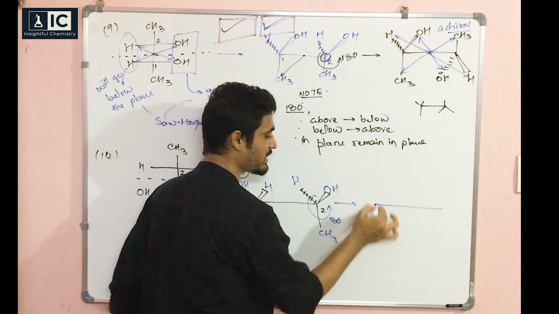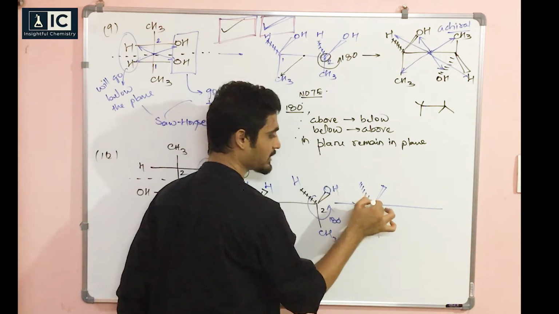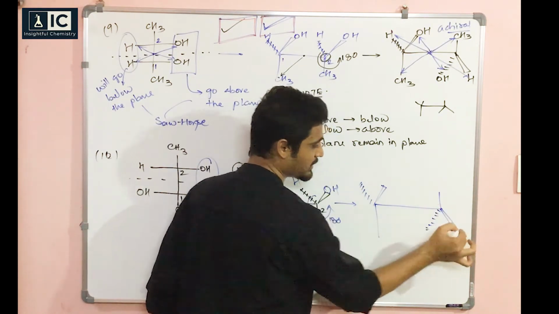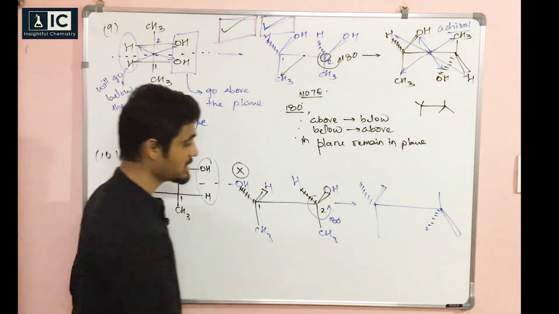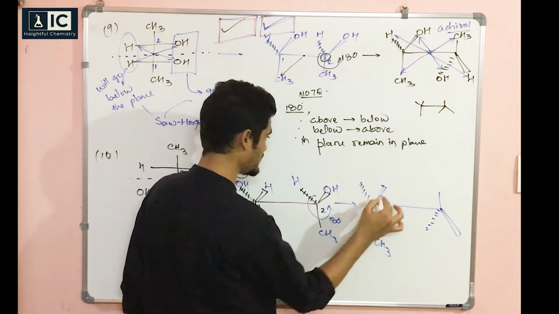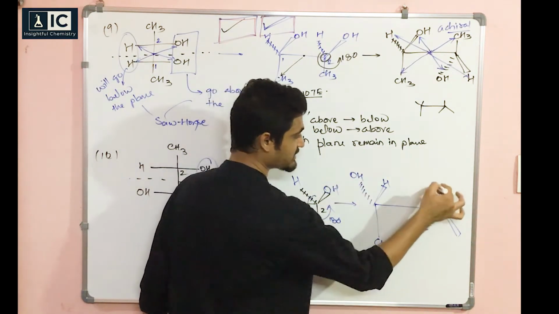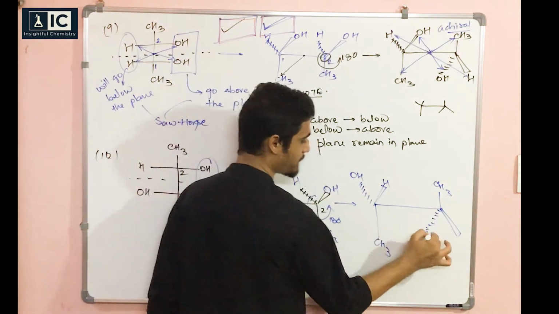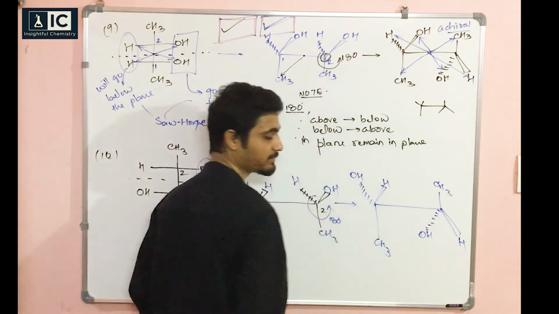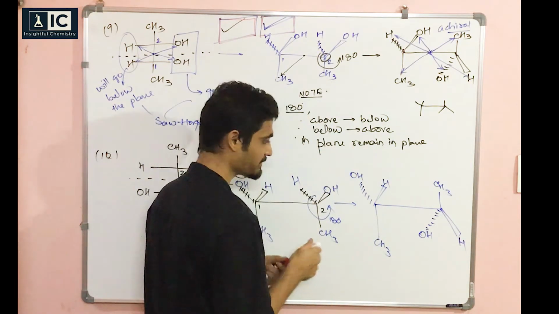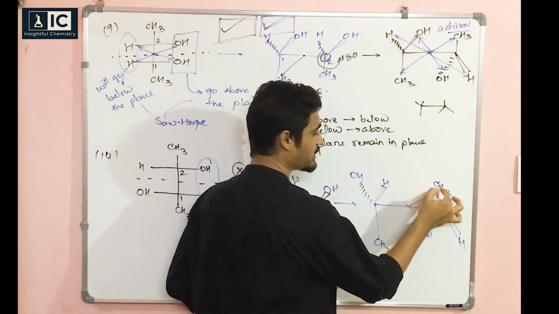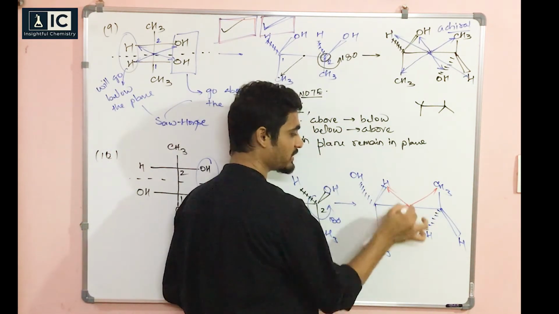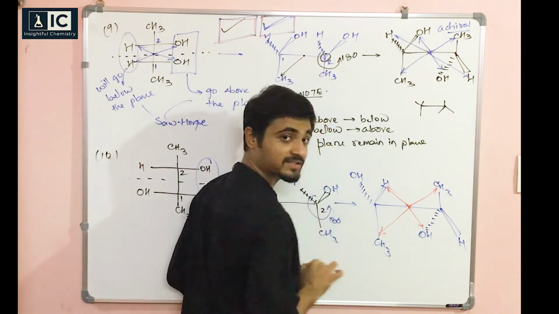Again, here I have not changed anything. Here CH3 will go above, below and above. Done. Here just put CH3, H, OH. Here CH3 will go on top, 180 degree. Above will go below, below will come above. Done. Now simply have to check. If this is your center, going in the plane CH3, going in the plane CH3, above H, below OH.